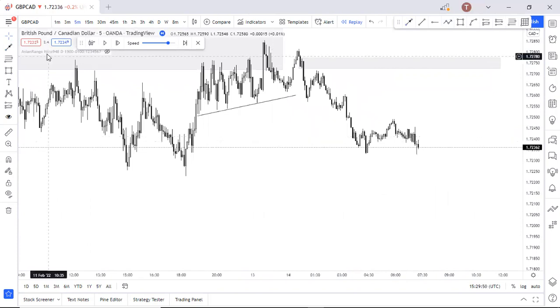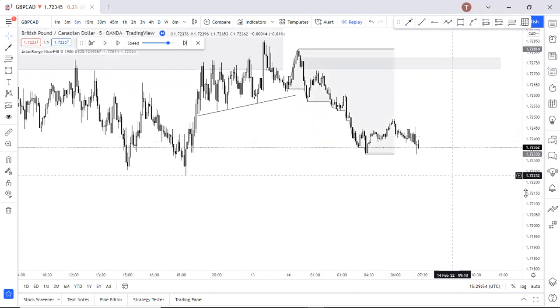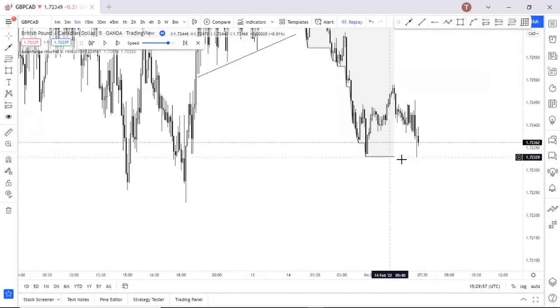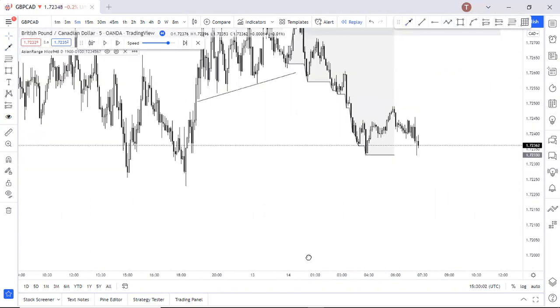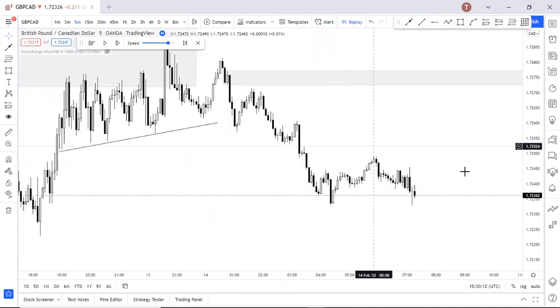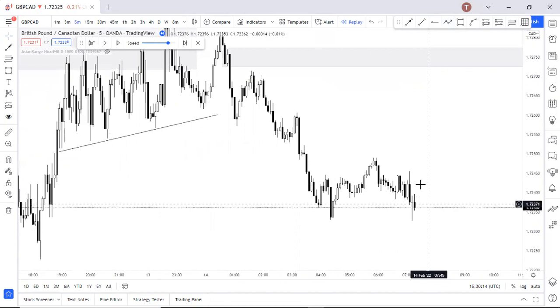So using my Asian range indicator also, I was able to see that the market had just taken out the Asian low. And in the concept of the Asian range indicator, once price takes out the range low or the range high, price tends to move in the next direction.